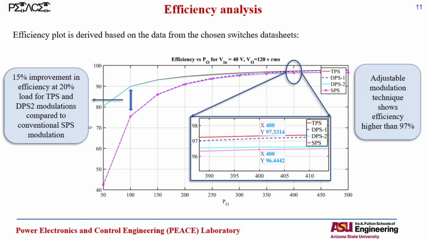We realize from this plot that the difference between the triple phase shift and the single phase shift is much higher at light load, where we are experiencing a lot of current that is not shown here. Later in the figures you're going to see that. This shows that at 20% rated load we're going to have around 50% higher efficiency if we use the triple phase shift modulation, which is the technique that we are using in this design.